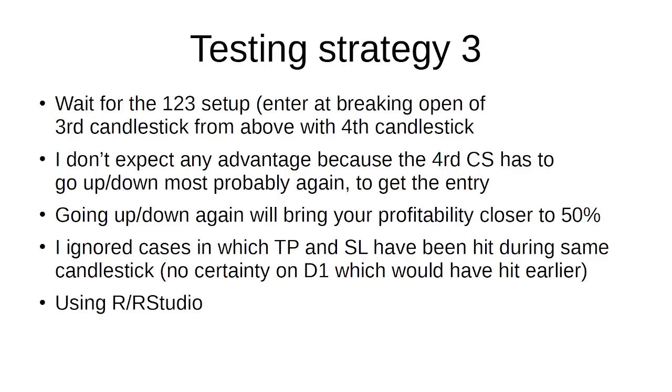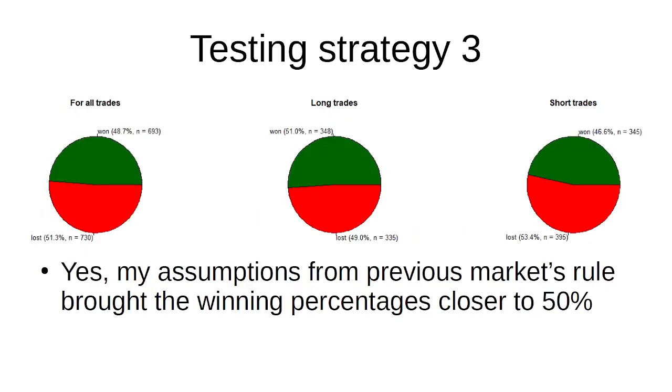However, of course, this means that the price has to come closer to my stop loss position, and I would get a smaller advantage, and the winning percentage or profitability will be closer to 50%. And again, that's exactly what I saw with my backtest. They were much closer to 50% than any strong advantage or disadvantage.